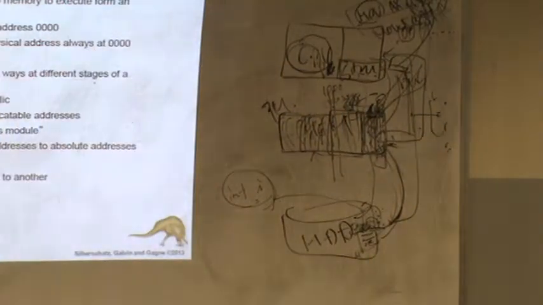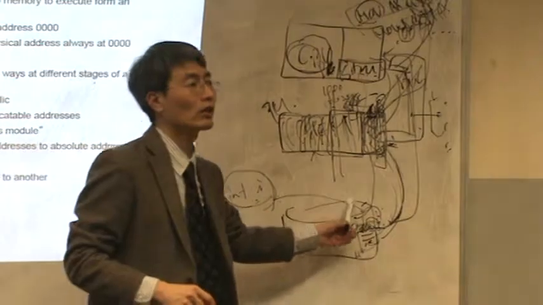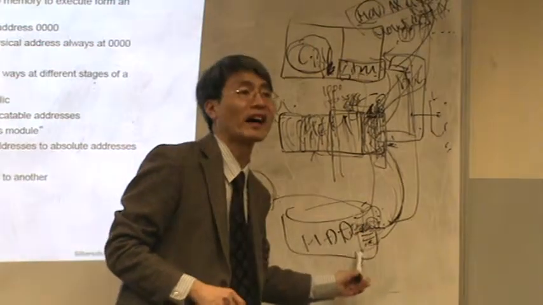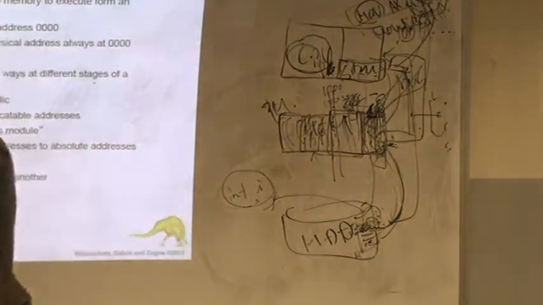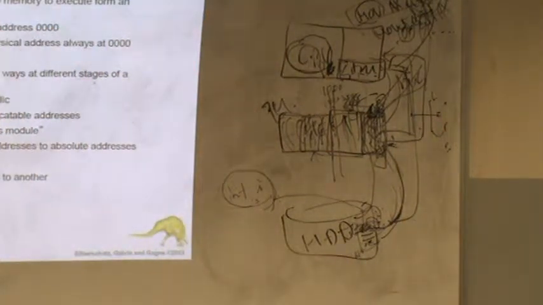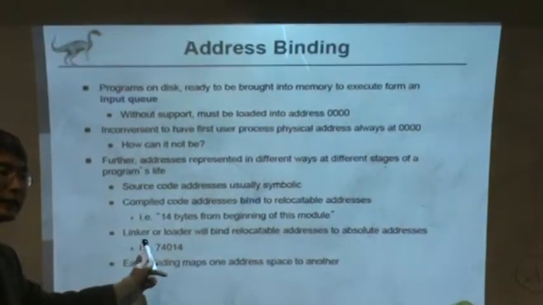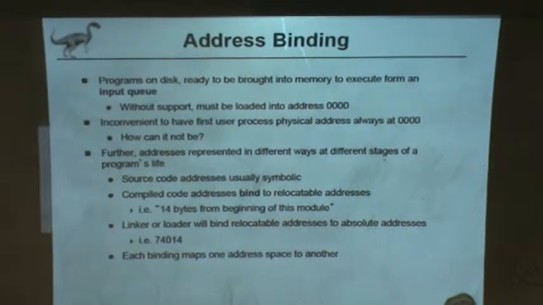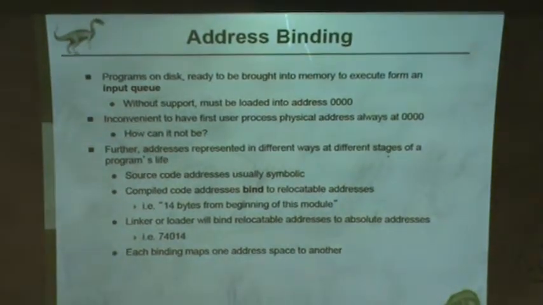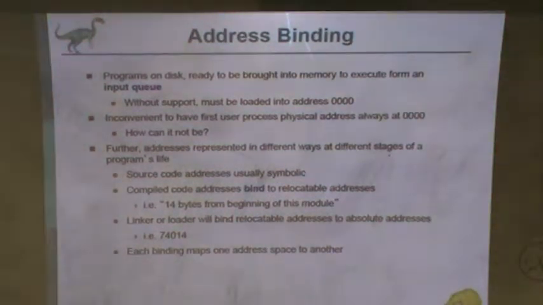So the compiled code usually has the kind of offset address. Offset means the distance from the beginning of the process to that one. So that is the offset address, 14 bytes from the beginning of the module, but when the process is linked or loaded, that will be the absolute address.